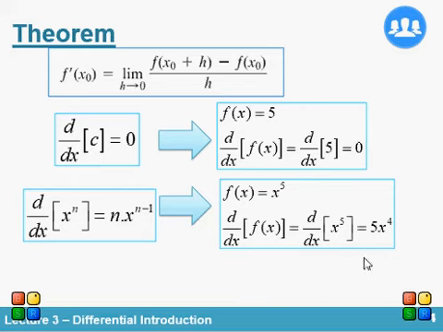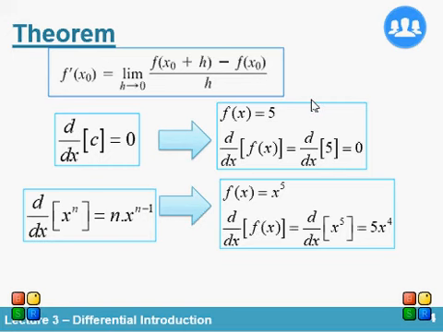So these are two examples. For the first, d/dx of c, a constant, and the second, d/dx of x to the power of n, equals n multiplied by x to the power of n minus 1.